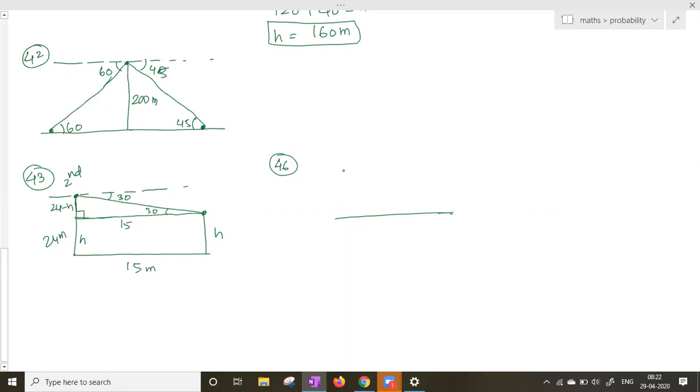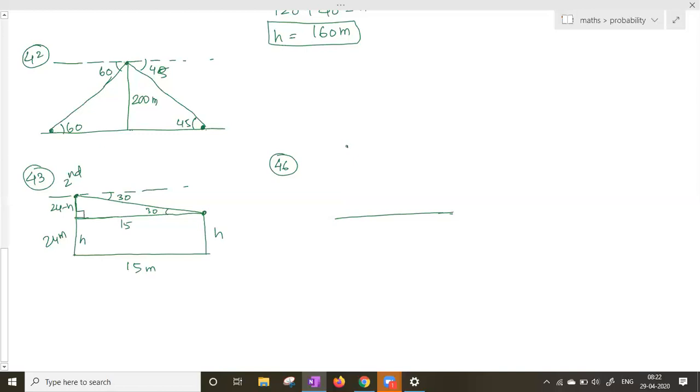Top of a 50-meter tower, the angles of depression of the top and the bottom of a pole are observed to be 45 and 60 respectively. Which is taller here? They are angles of depression, not inclination.